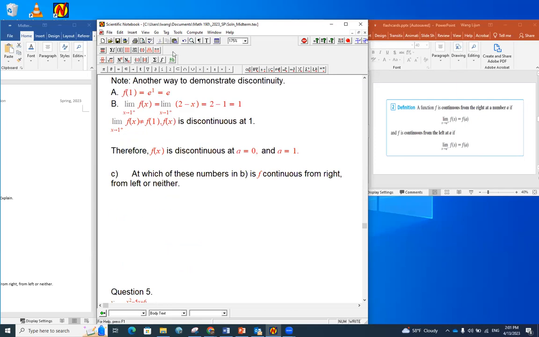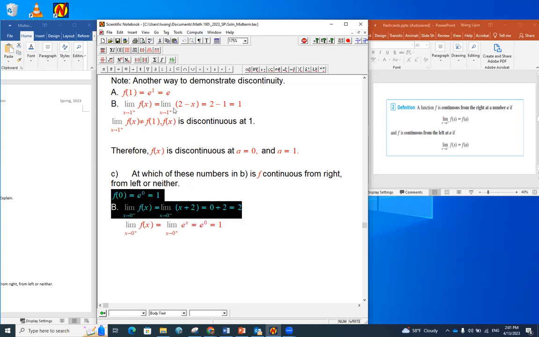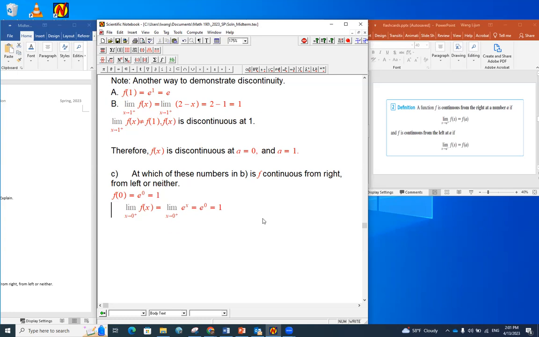You wouldn't need that. You just point out the obvious work you've done. The limit from the right is the same as the function's value at the point.